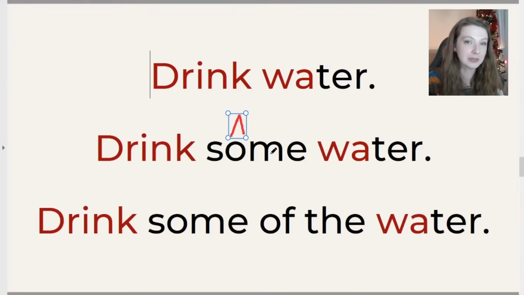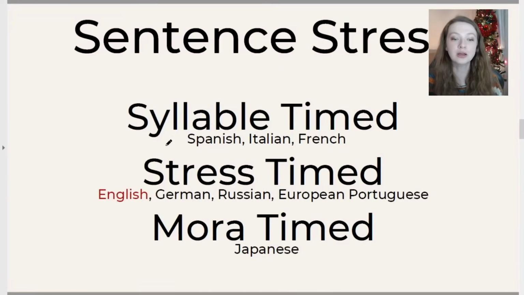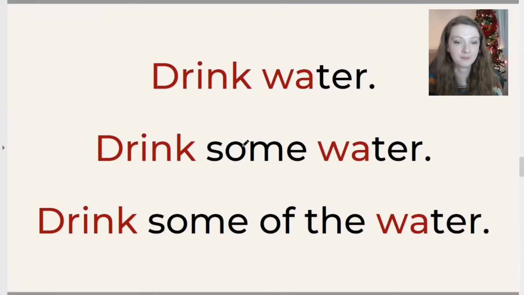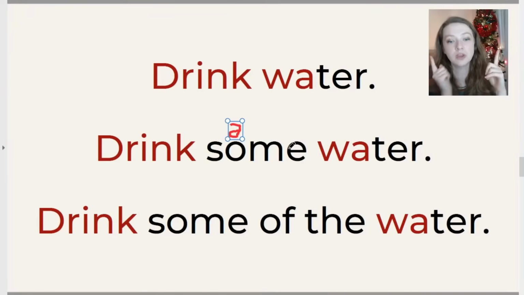However, we are speaking English, and English is, as we know, a stress-timed language. So we're going to weaken this to a schwa. Drink some. Not some, with a schwa. Drink some water. Same here. I don't say, drink some of the water.